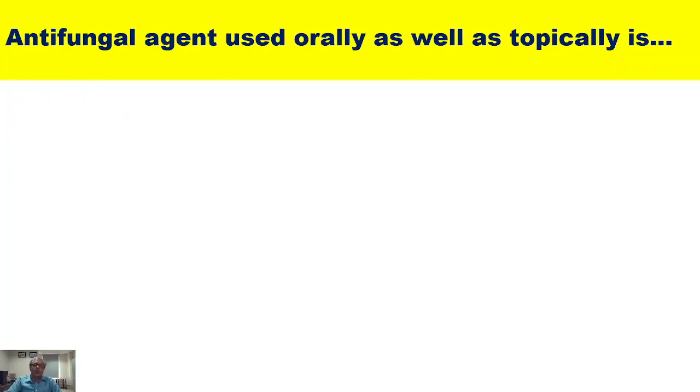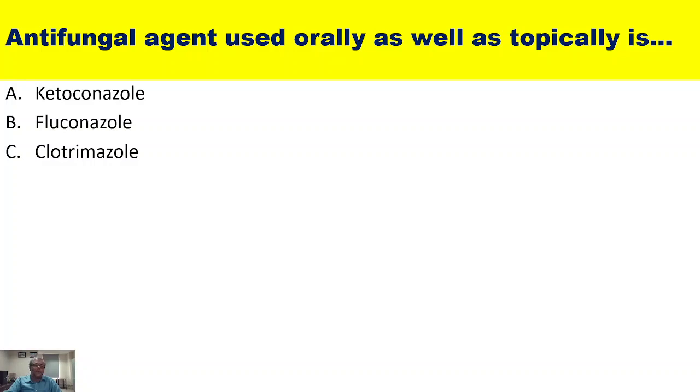Antifungal agent used orally as well as topically. You know that there are many antifungal agents that are used exclusively topically. There are many agents which are exclusively used systemically, either oral or intravenous, but there are some agents which are used both. And here the options, if you look carefully, are all azole derivatives: ketoconazole, fluconazole, clotrimazole and amphotericin B. Now you might select D because it is a totally different group of agent, but it is not always true.